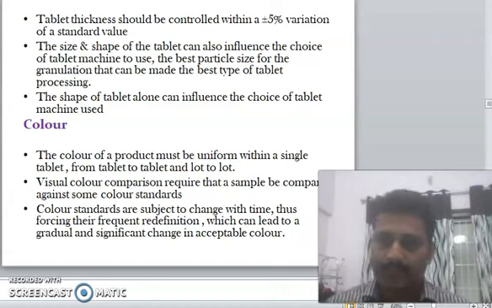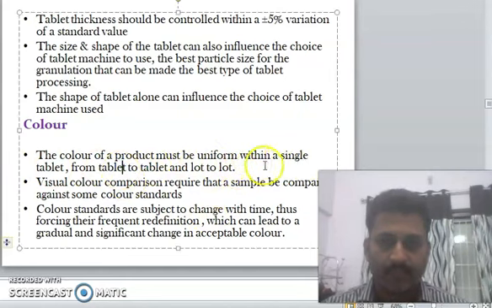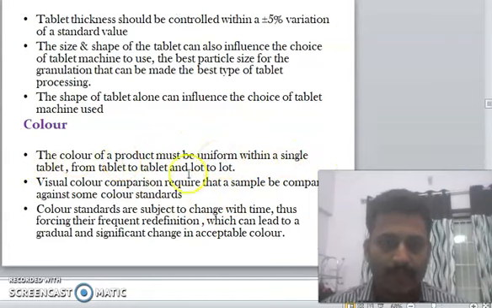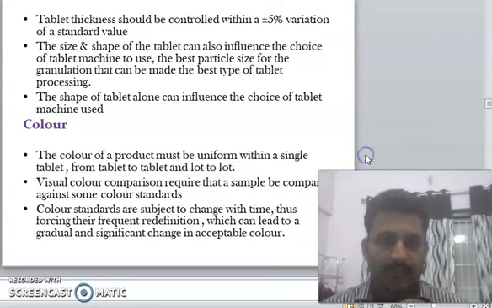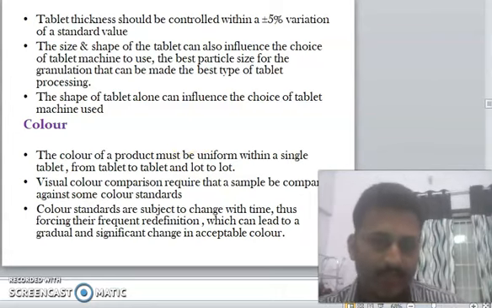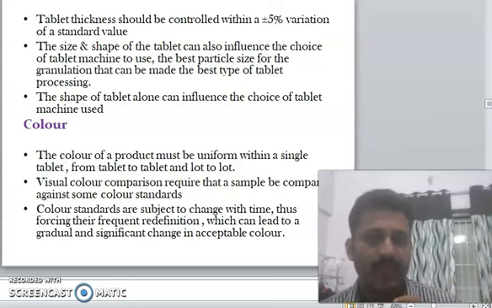Then comes the color. The color of the product must be uniform within a single tablet. The color standards are subject to change from time to time, thus forcing their frequent redefinition, which can lead to gradual and significant change in the acceptable color.